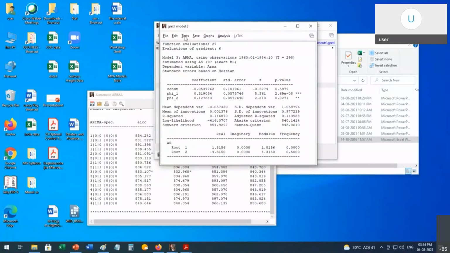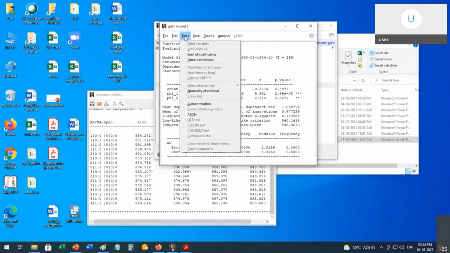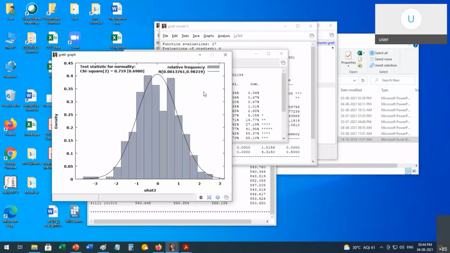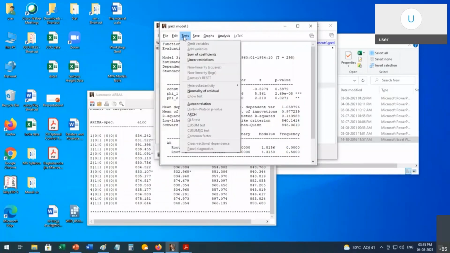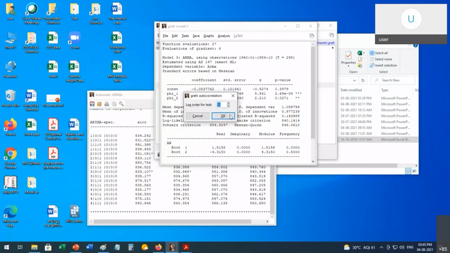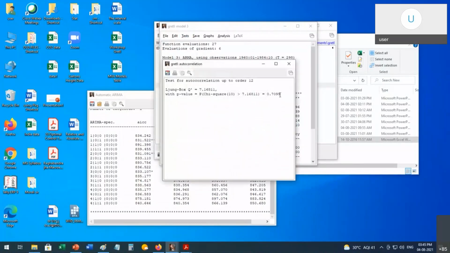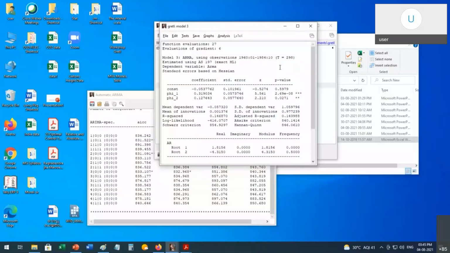And let us see the most important ones: normality, autocorrelation, ARCH. So we have the normality assumption satisfied. Then autocorrelation, we have lag 12. The p-value is greater than 5%. Therefore, there is no problem.